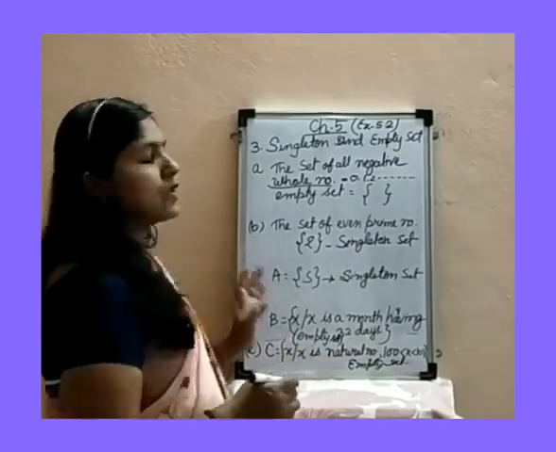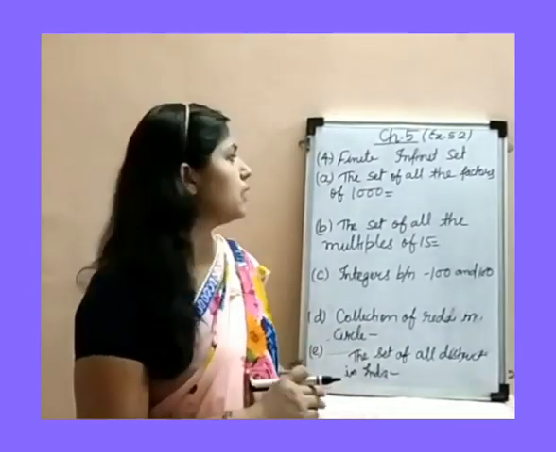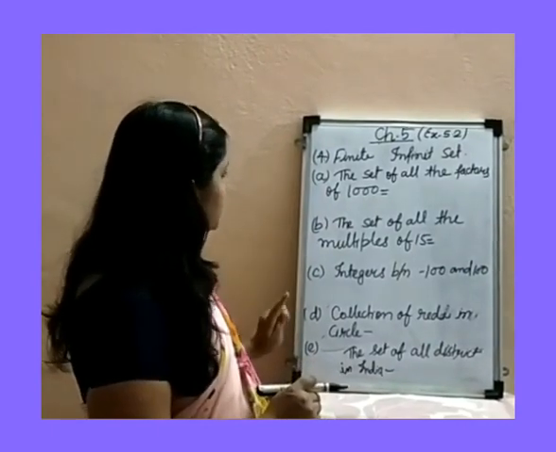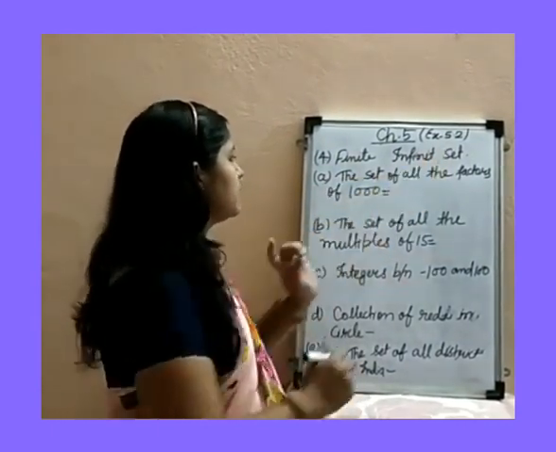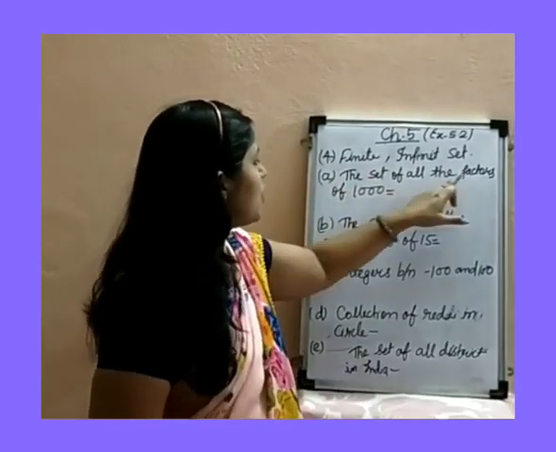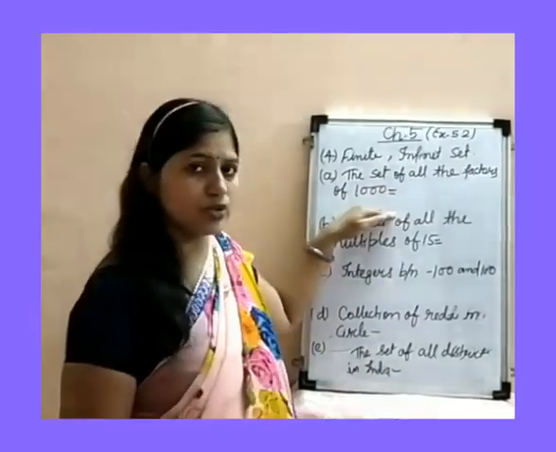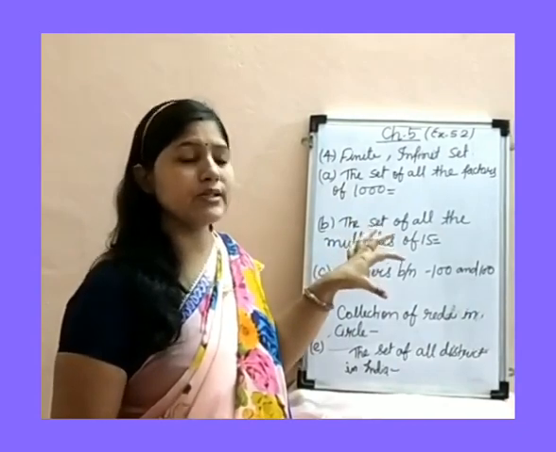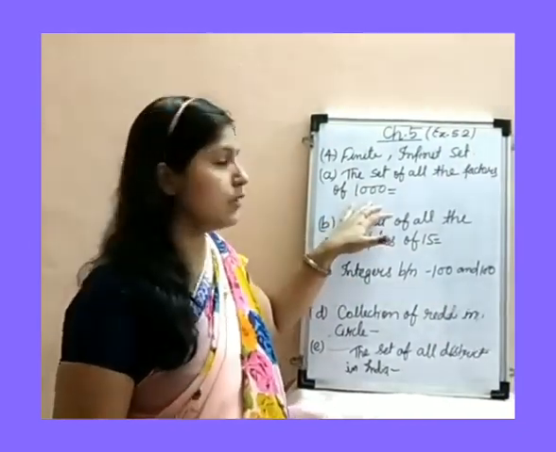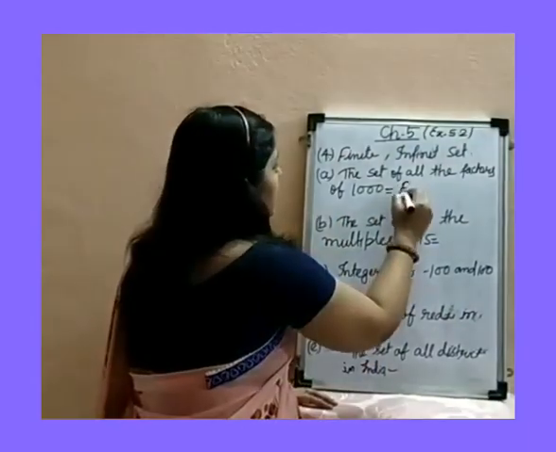Now let's do question number 4. We need to find out which one is a finite set and which is an infinite set. So the first question is the set of all the factors of 1000. We need to write all the factors up to 1000. Here is a limit on the numbers, so this will be a finite set.